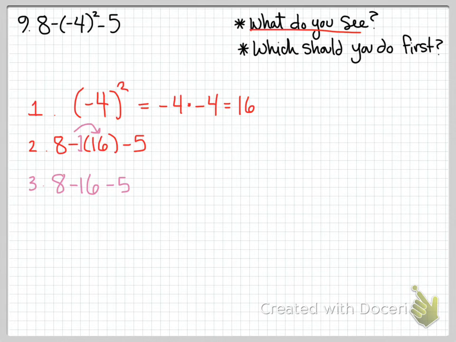Now we have 8 minus 16 minus 5, so we can just go from left to right handling this subtraction. So we'll do 8 minus 16, which is -8. And then -8 minus 5, which is -13.